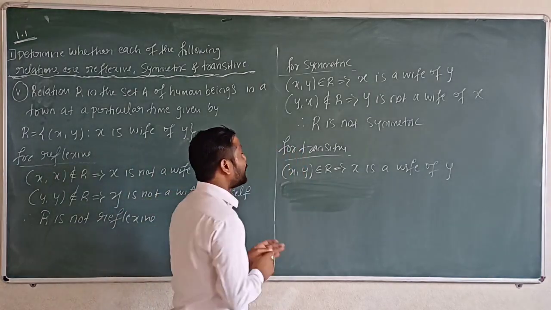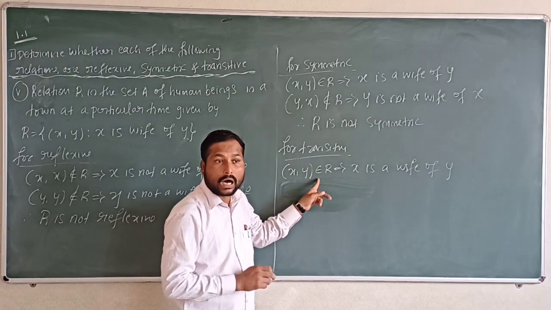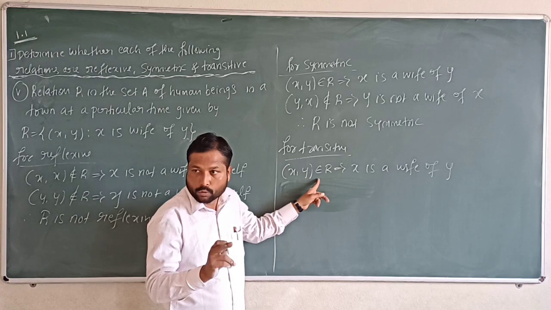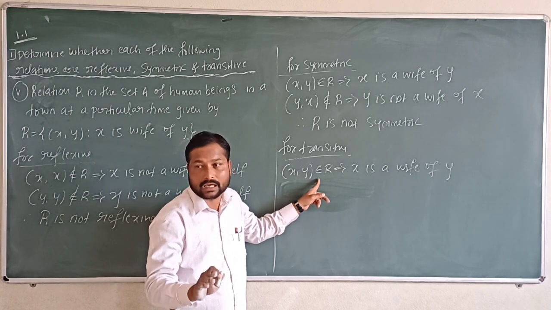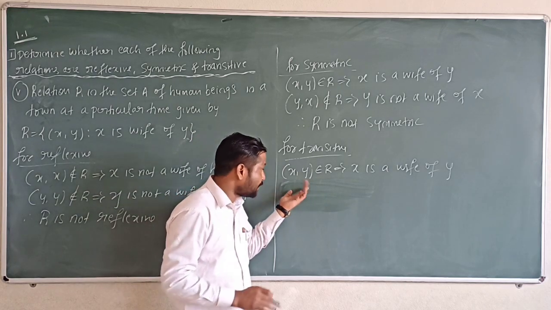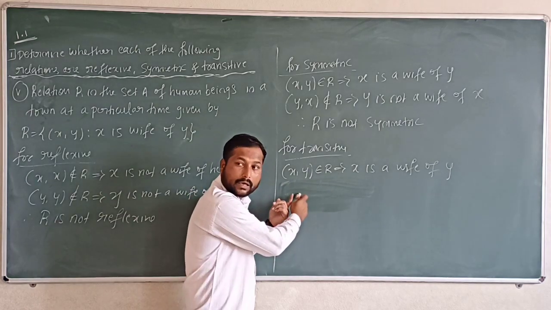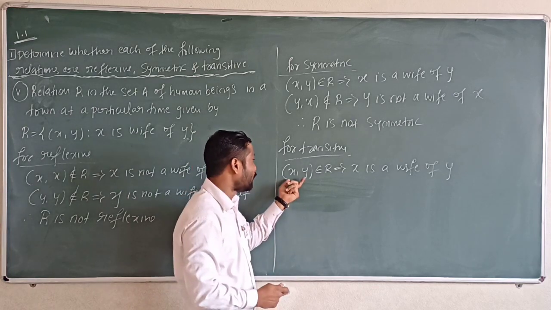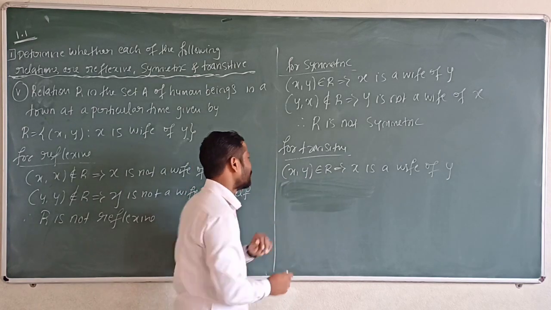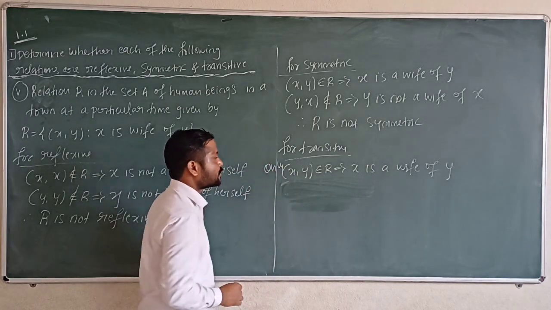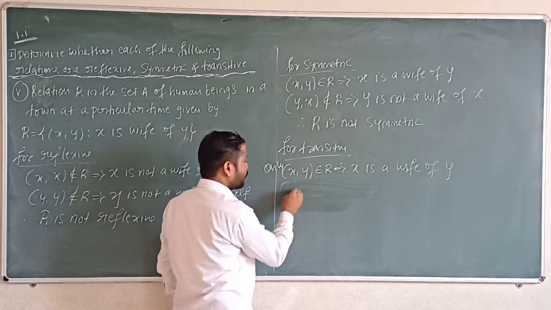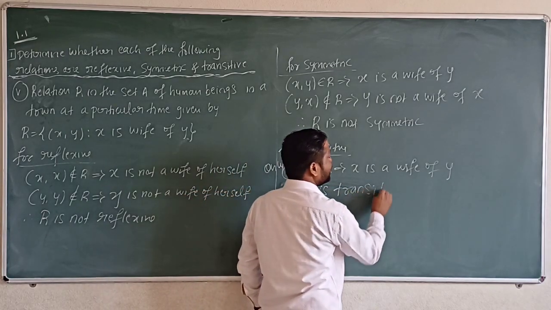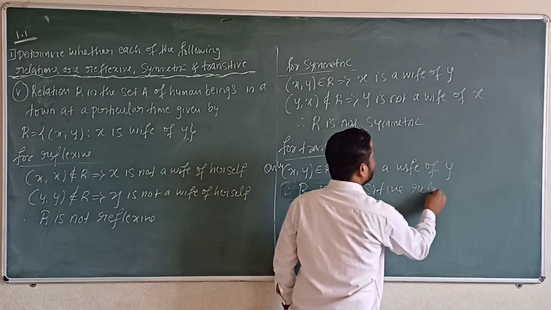Meaning only (a, b) belongs to R. We know that in a transitive case, if only (a, b) belongs to R, it is also transitive, because (b, c) cannot occur, so (a, c) is not necessary. Correct? So therefore only (x, y) belongs to R. So therefore R is a transitive relation now, right?